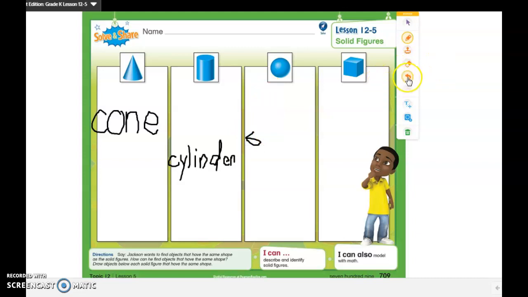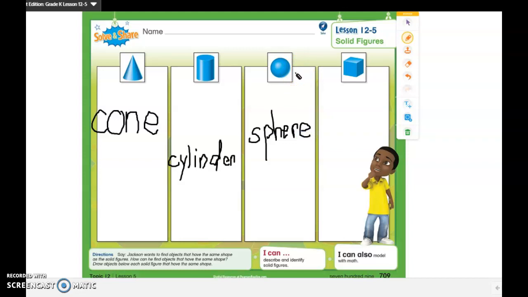Okay, what about this one? Ooh, that was a horrible letter. Let's get rid of that. All right, it looks like a ball, but that's not its name. Its name is sphere. Okay, a sphere. And you probably hear the garbage can out the window because I have my windows open at home. Okay, so that's a sphere. Where do you see a sphere in real life?